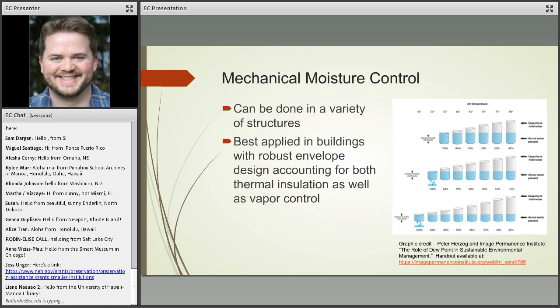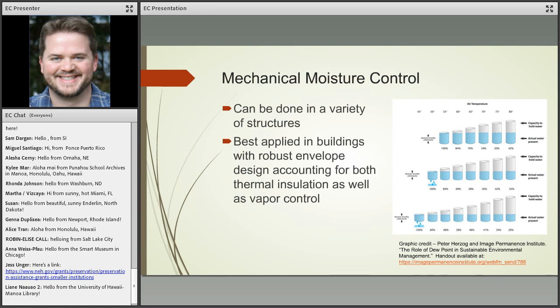There are a lot of different types of buildings, there are a lot of different types of systems that we can bring into play. Most of the time, we want to do this when we're talking about a building that actually has envelope capability for mitigating, buffering, on up to hopefully controlling the movement of vapor through the envelope.